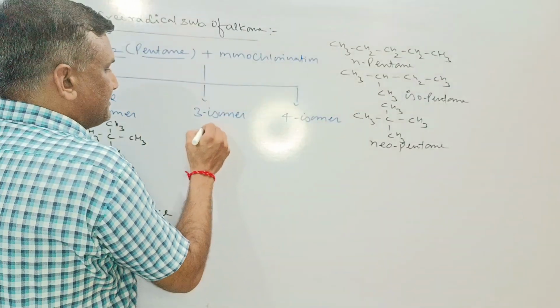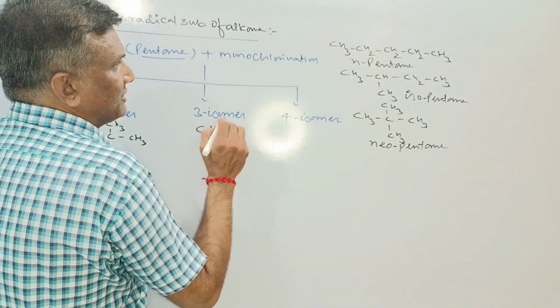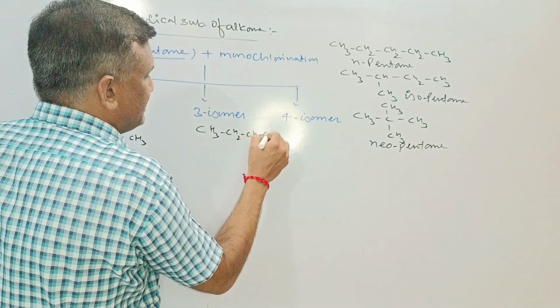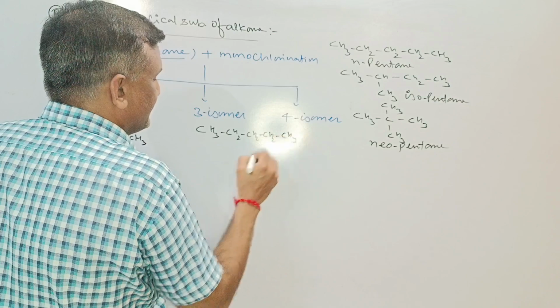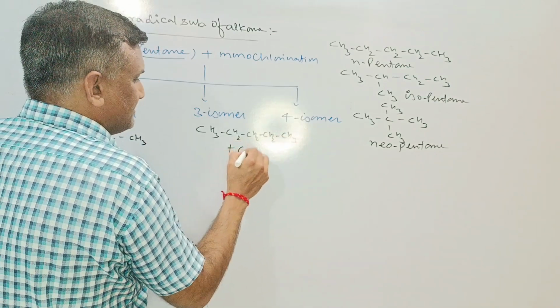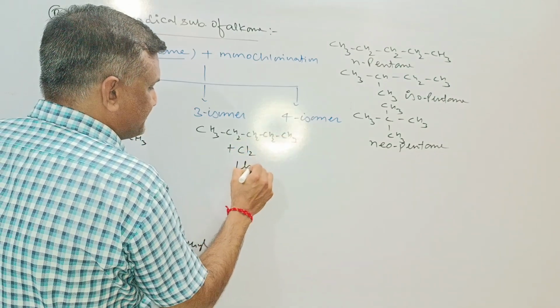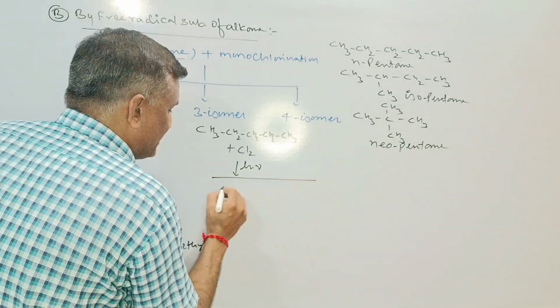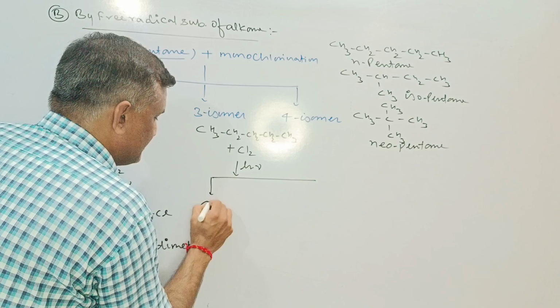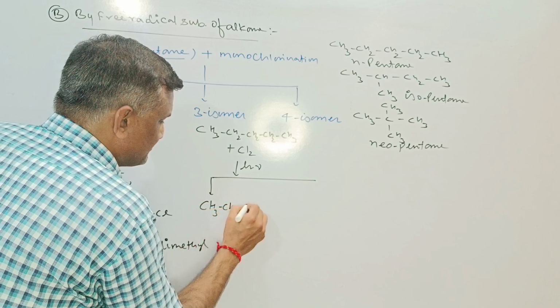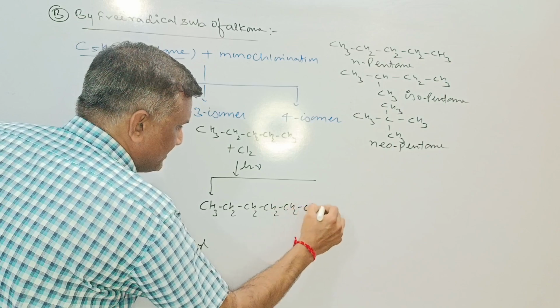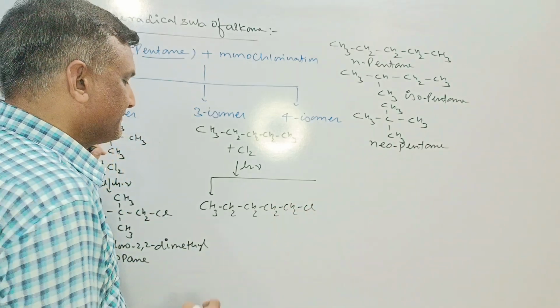Here there will be formation of three isomers. For the three isomers, we can take CH3 CH2 CH2 CH2 CH3. On chlorination, in the presence of hν, what will be the three isomers? Number one is CH3 CH2 CH2 CH2 CH2Cl, this is 1-chloropentane.